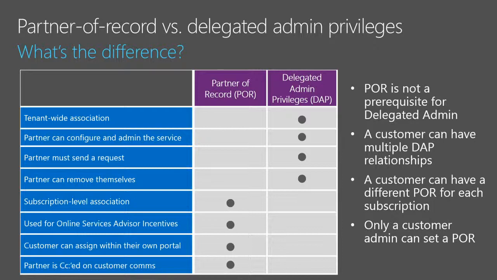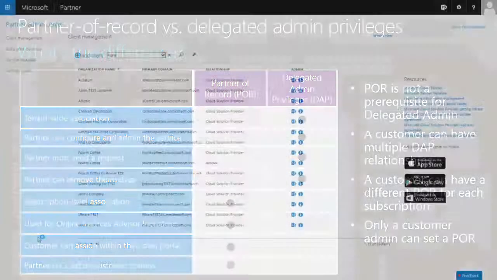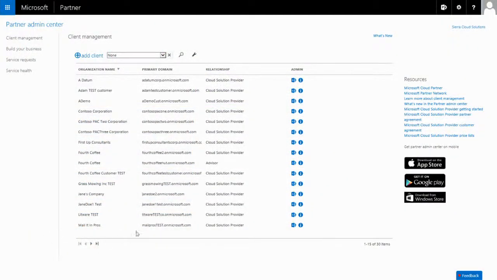All right, let me just bring up my browser, then I'll flip over the screen. Okay, so this is the landing page of the Partner Admin Center. And as you can see, front and center is a list of the customers in which you have delegated admin privileges.